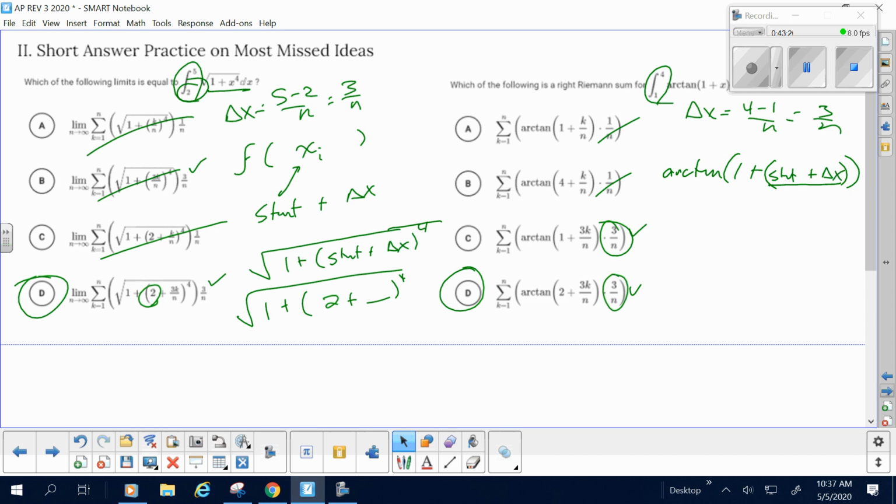The start was 1, and the change, the number of changes, so I'm looking for something like 2 plus 3 over n so many times, and that is that guy, not this guy.